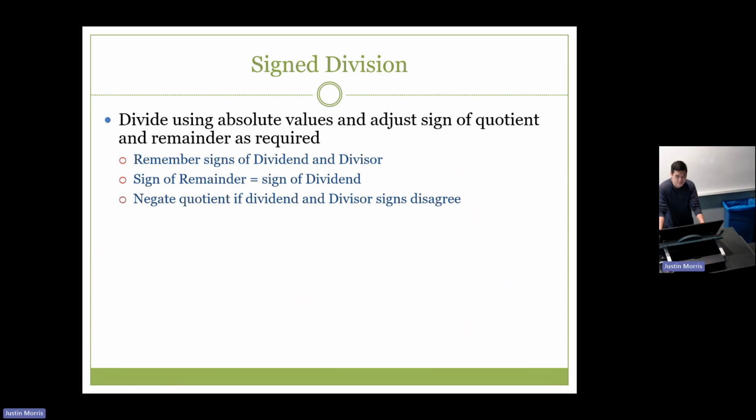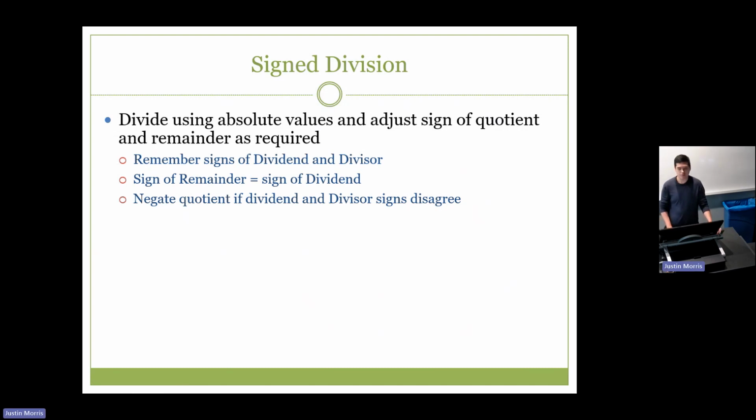And we're going to remember the signs of our operands. And once we have the result of the remainder and the quotient, the sign of the remainder becomes the sign of the dividend. And then we're going to negate the quotient if the dividend and divisor have different signs.